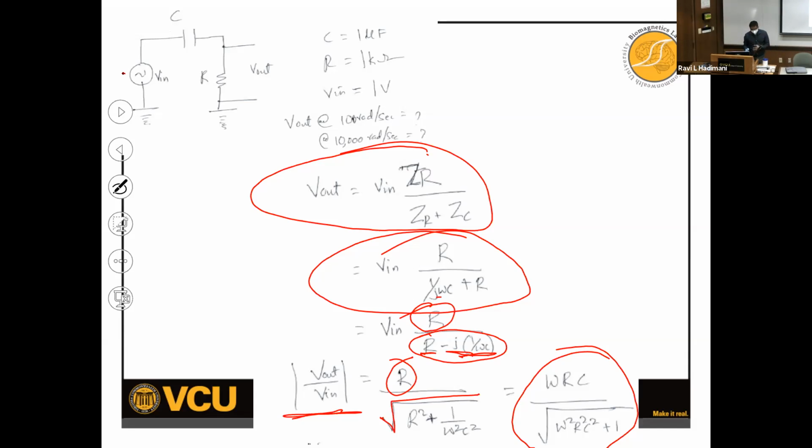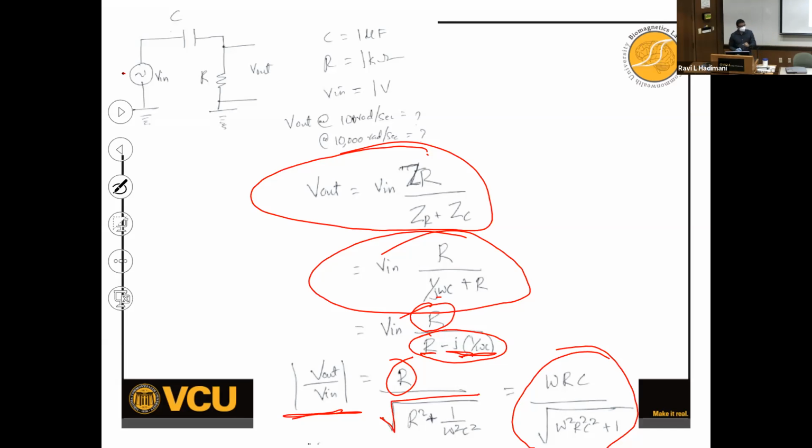So this is nothing but a filter. If you have a signal that has high frequency, it doesn't have any problem coming out of this circuit, whereas if you have a signal that has low frequency, it doesn't come out. So it blocks low frequency.